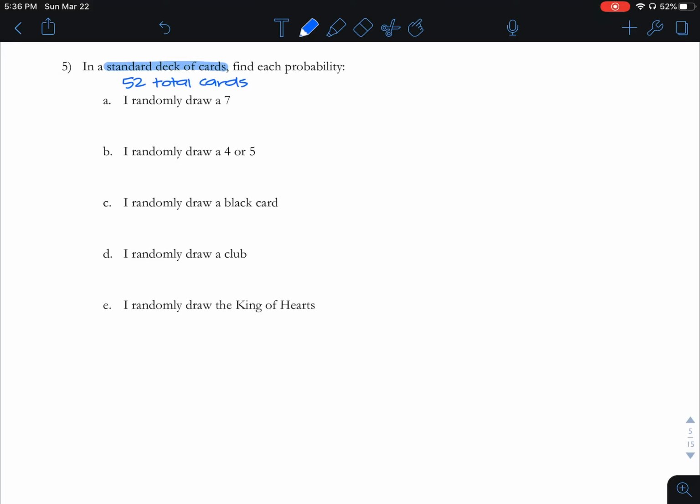All right, so I'm going to actually start off with all of these fraction bars, because I know I'm finding the probability of something. Okay, if you haven't guessed by now, 52 goes on the bottom. Hopefully we know that, because that's the total amount that I could have. So 52 should be on all the bottoms.